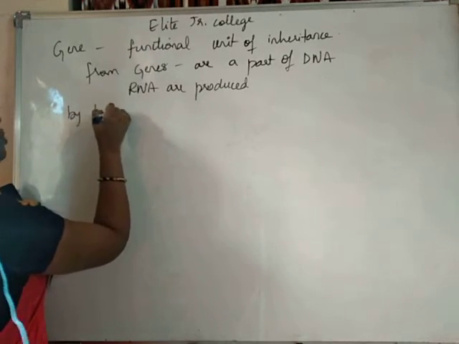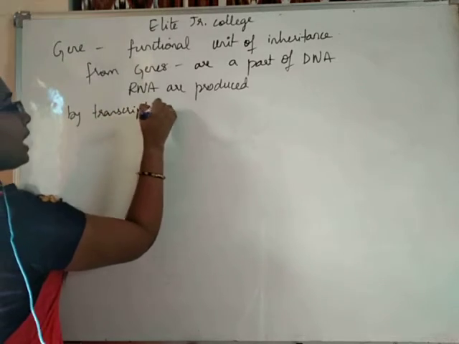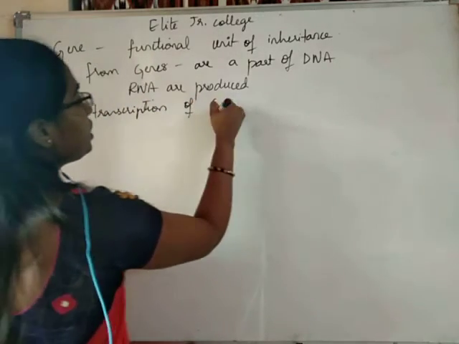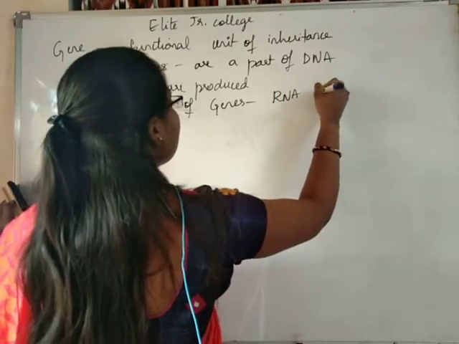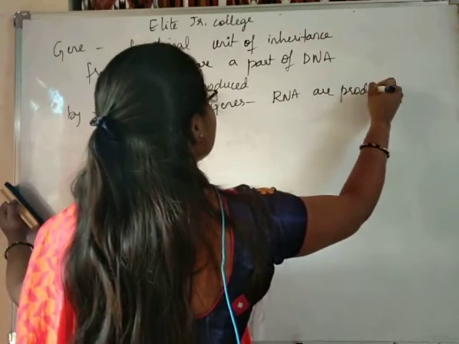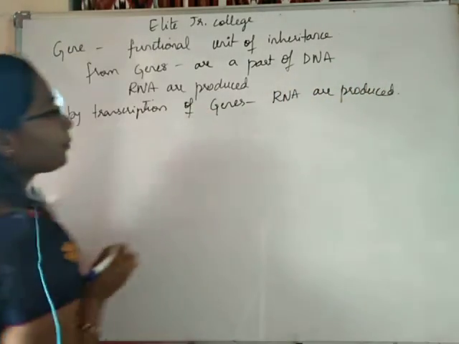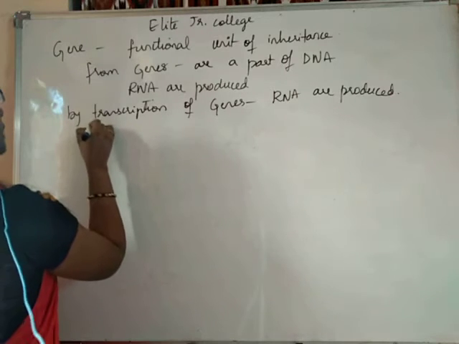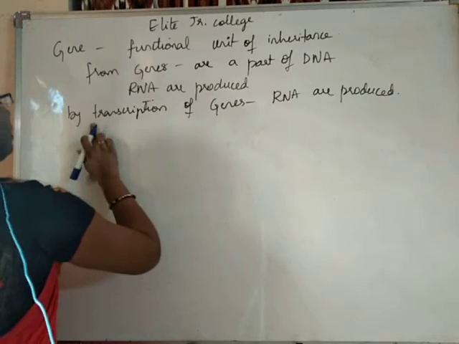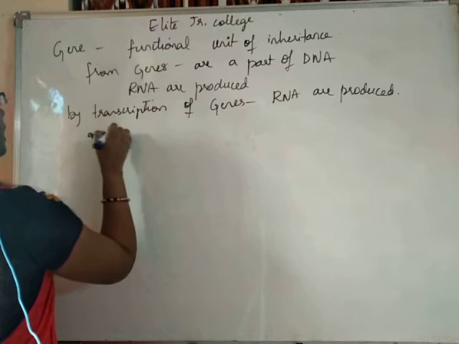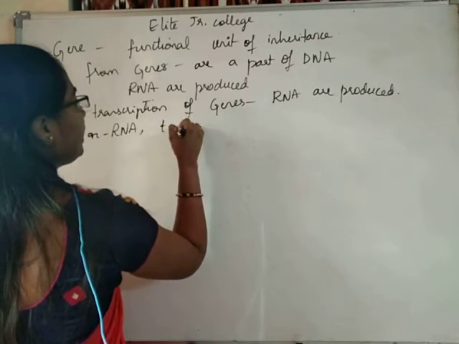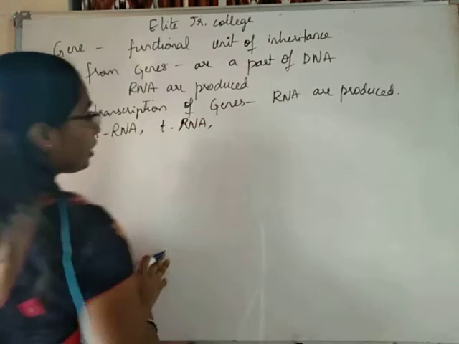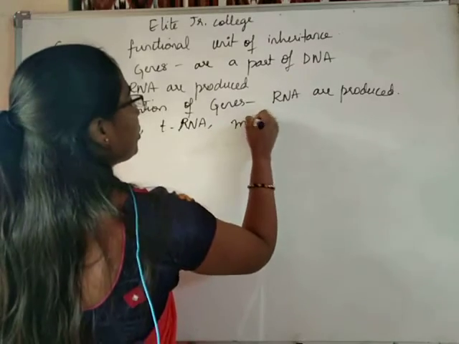By transcription of genes, different RNAs are produced. For example, rRNA, tRNA or mRNA are also produced.